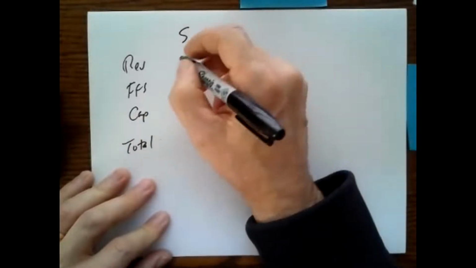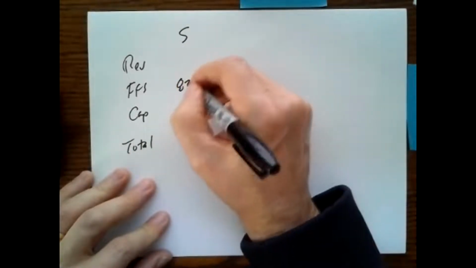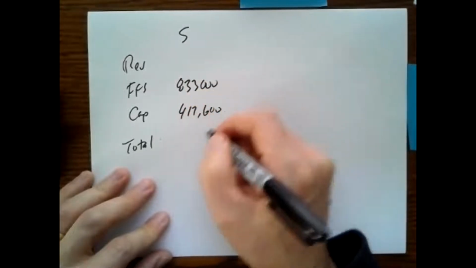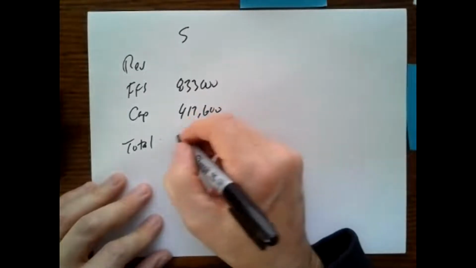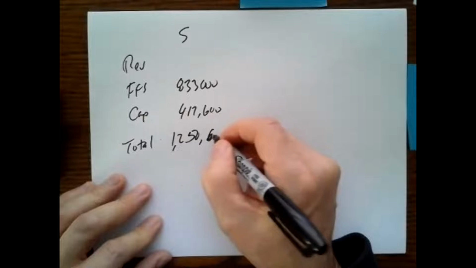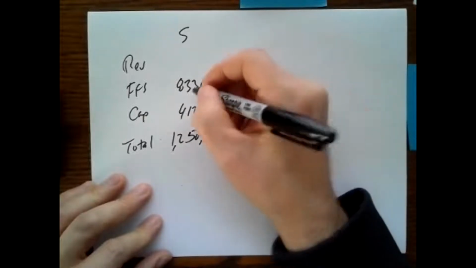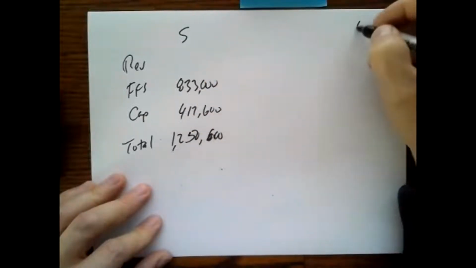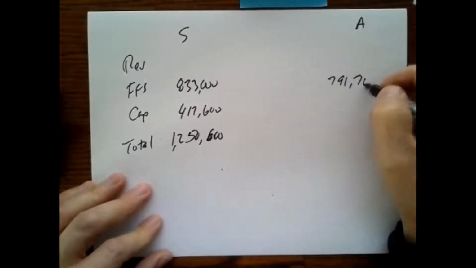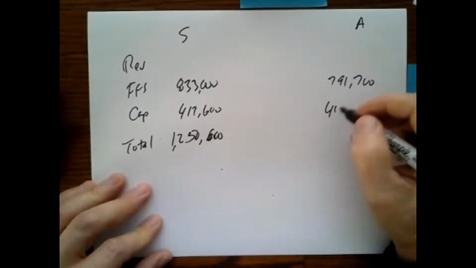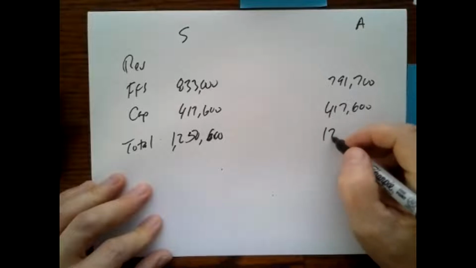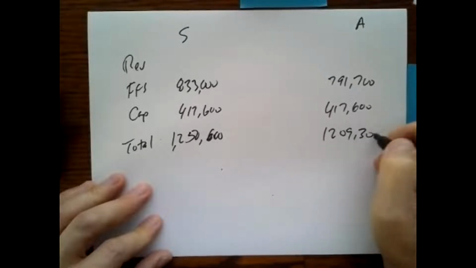Static revenue is 833,000 fee-for-service, capitated of 417,600, and total therefore of 1,250,600. So static, that's what we thought we were going to get. Actual fee-for-service is 791,700, capitated was 417,600, and total is 1,209,300.